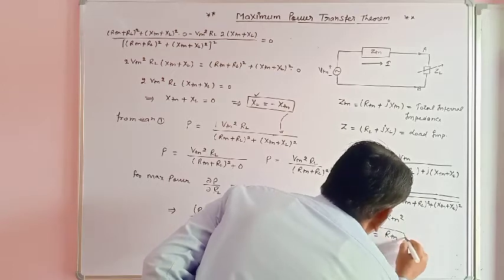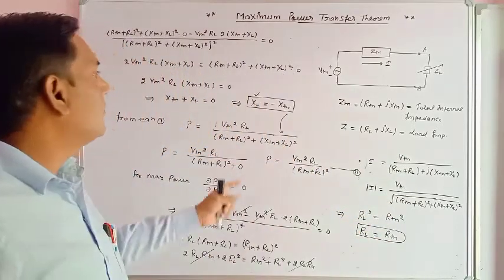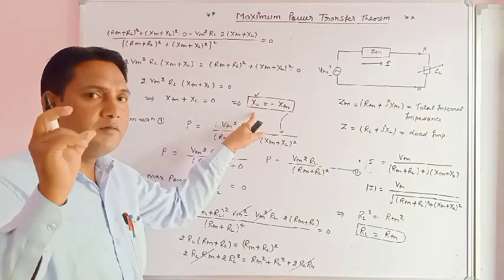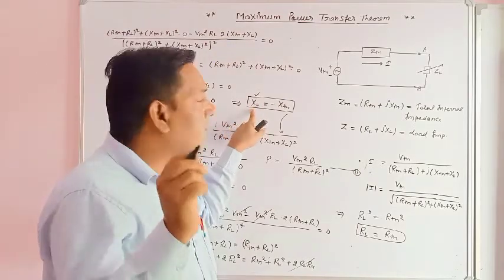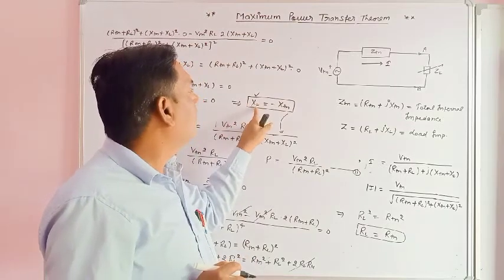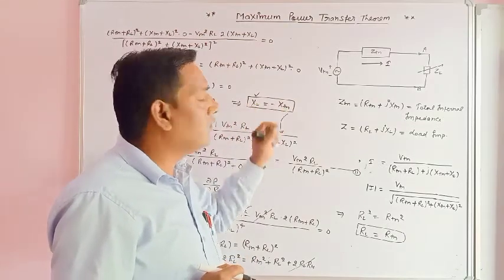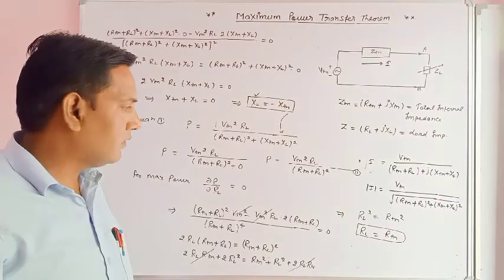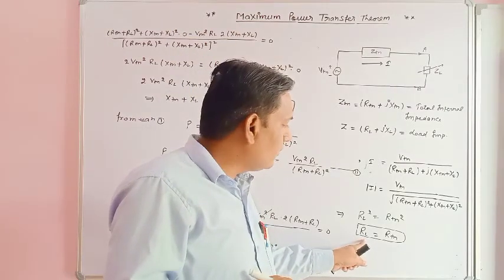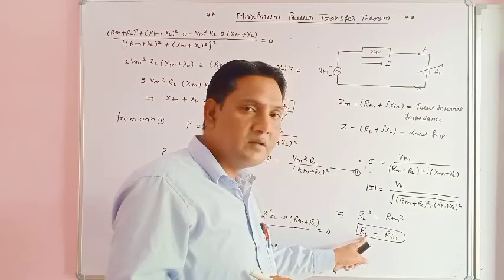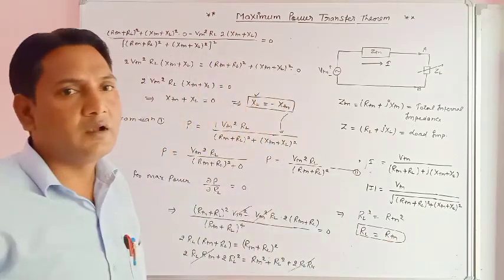So in the first condition we derived that if we are varying the load reactance, it is varied up to the value where the load reactance is equal to negative of the internal reactance, and RL is varied up to a fixed value where the load resistance is equal to the resistance of the internal impedance.